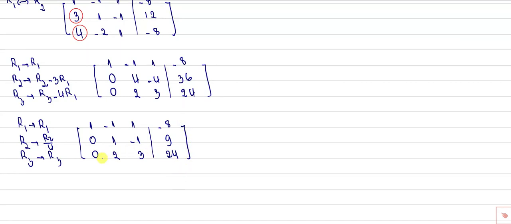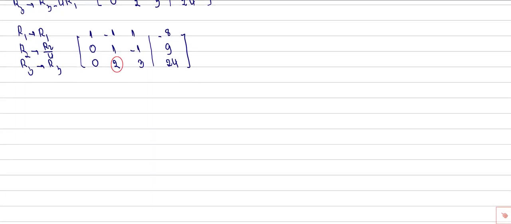And next I convert the row 3 of column 2 to be 0. So we just write R1 becomes from R1, R2 becomes from R2, and R3 becomes from R3 with row 2.